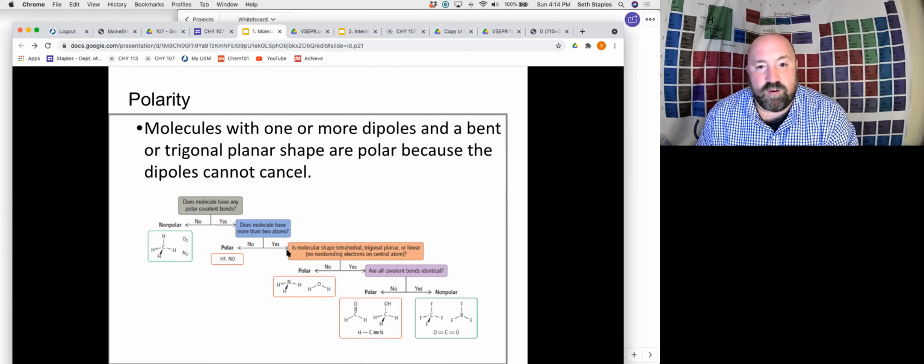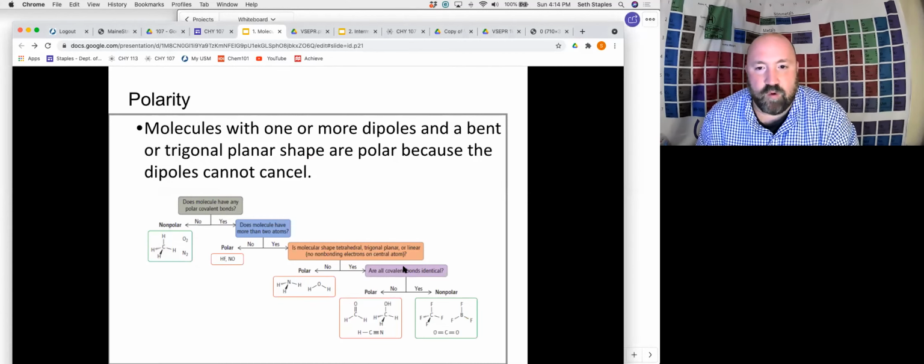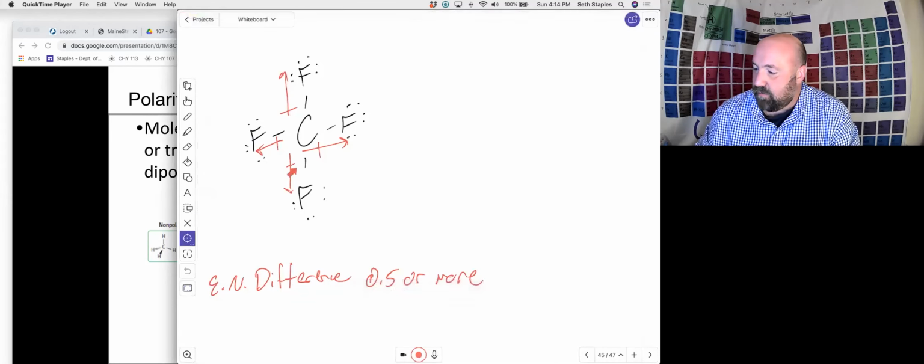If it does have more than two atoms, then we ask, is the shape tetrahedral, trigonal planar, or linear? Are there no non-bonding groups on the central atom? If the answer is no, if it is something like trigonal pyramidal or bent, then the molecule will be polar. If the answer is yes, going through our flow chart here, then we ask, are they all identical? And that would be a case like we have here. We have definitely more than two atoms.